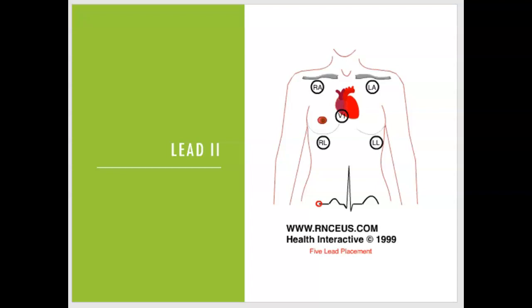But they can get up and walk around because they've got a remote system where they can be up and about and walking in the hall. But somebody can still look at what their heart rhythm is. So just look at where these are, and this is where the electrodes are placed on the chest wall. And then when you go to put the actual wires on the patient, they are color coded.